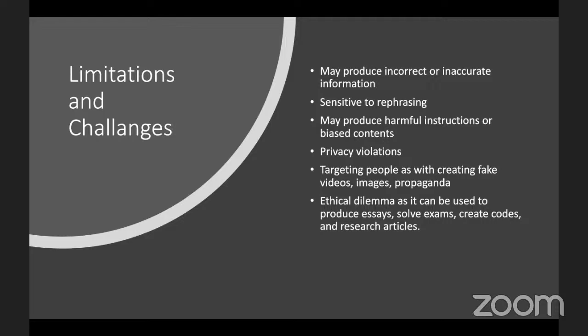They sell that information. If they have these images, they can create images using your face. In this way, they can target people by creating fake videos, fake images, propaganda videos, and propaganda images. So these are some of the things people have challenges with.